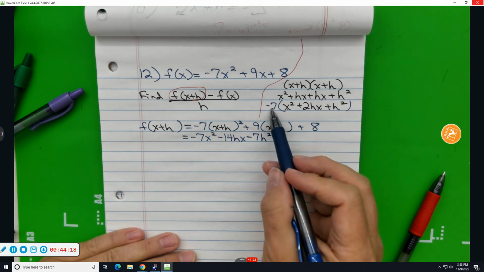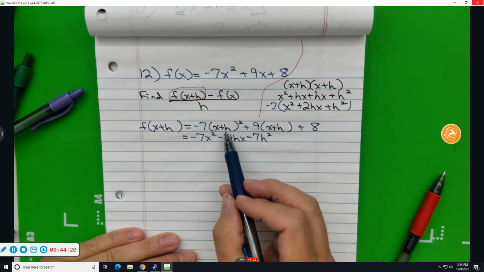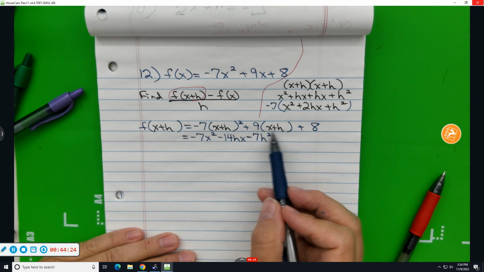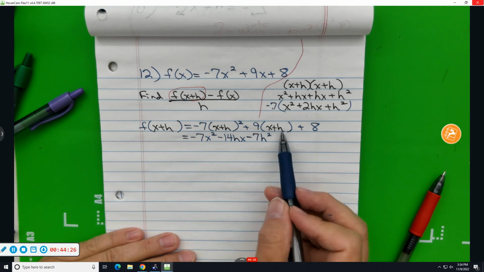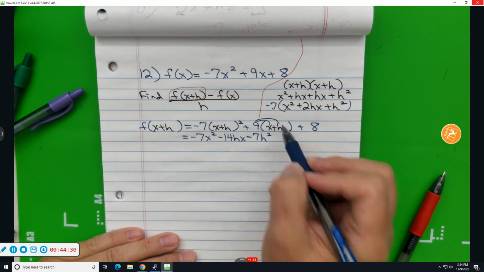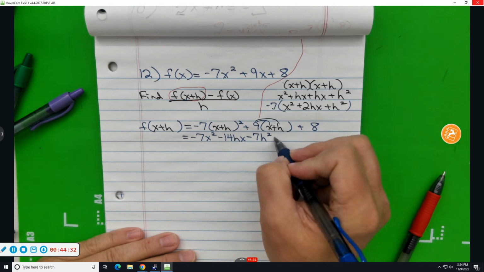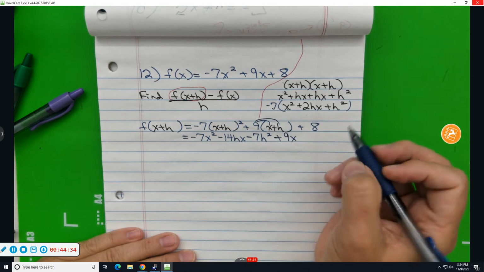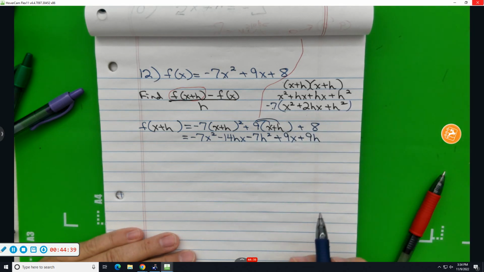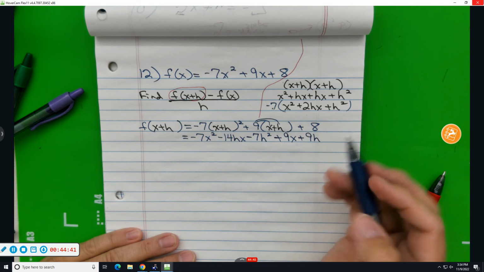So we distributed the negative 7 over the x plus h quantity squared. Here, what are we going to do here? The same thing. We're going to distribute. This time we're distributing a 9. So that'll be a plus 9x. And what else? A plus 9h. And we still have what stuck on? A plus 8.